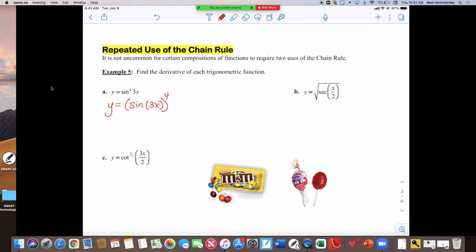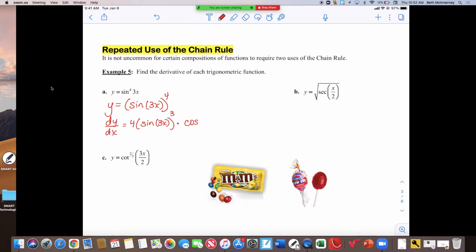So watch how I'm going to find my derivative. And again, it does not matter if you do y prime or dy dx. I'm going to flip back just to practice. So the wrapper of our Charms Blow Pop is: bring the power down, decrease the power by 1. Now the candy shell is the sine function, so I'm going to do the cosine.